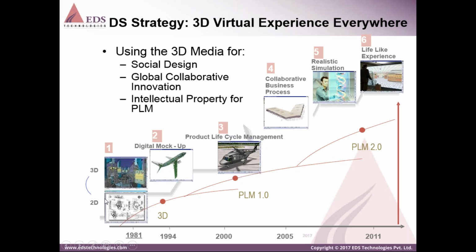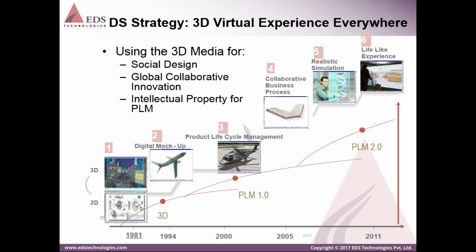When computers arrived, initially some 2D software, then 3D software came, then we were able to make assemblies, digital mock-ups, and do simulations and kinematics. Then came product lifecycle management, where different people from different locations can work concurrently; that is collaborative engineering.